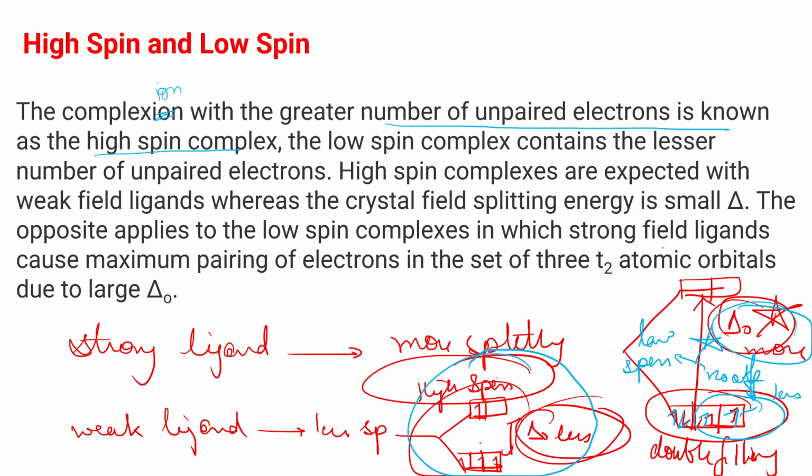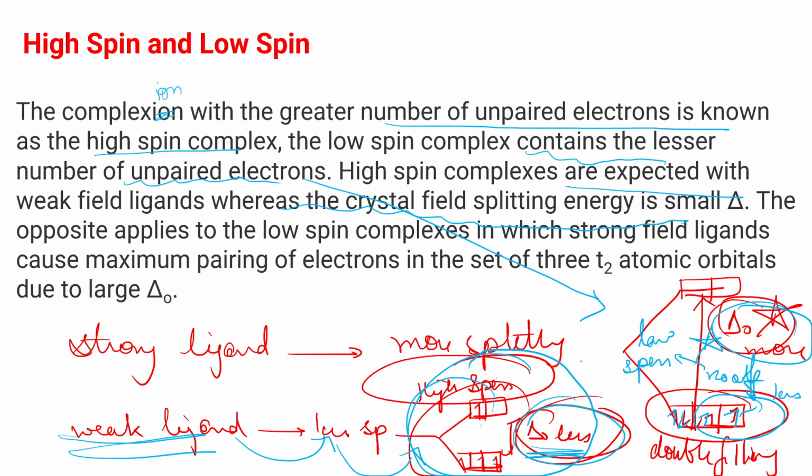And the low spin complex contains a lesser number of unpaired electrons, as you have seen in the case of more splitting. High spin complexes are expected with weak field ligands. As I told, weak ligands cause less splitting, and that will form high spin complexes, where the crystal field splitting energy, delta naught, is less.